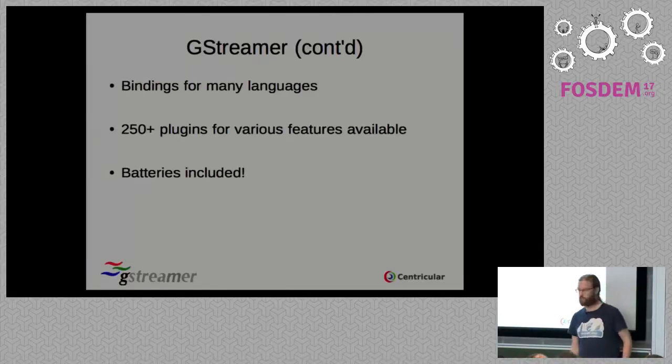If you don't like C, like probably quite a few people don't, you can use any other language. Right now we have bindings for Python, C++, C#, Java, JavaScript for various implementations, Rust, and Go. So whatever language you want to use, you can build your multimedia application on top of GStreamer.